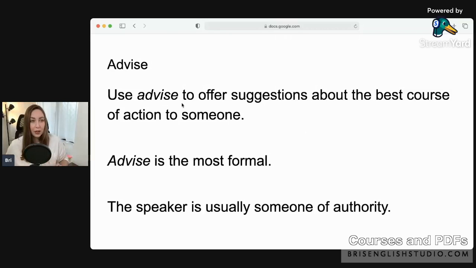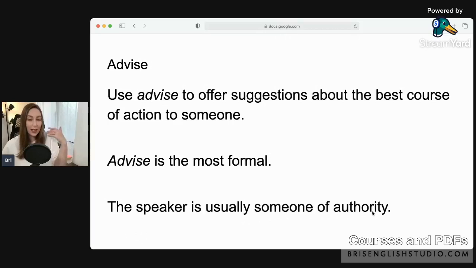Okay. So we use advise to offer suggestions about the best course of action to someone. Advise is the most formal. The speaker is usually someone of authority.